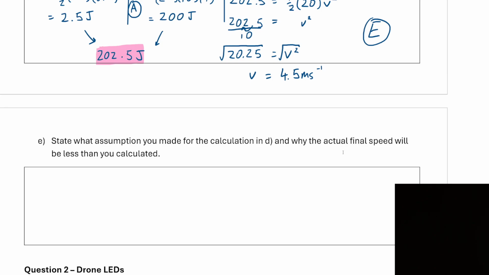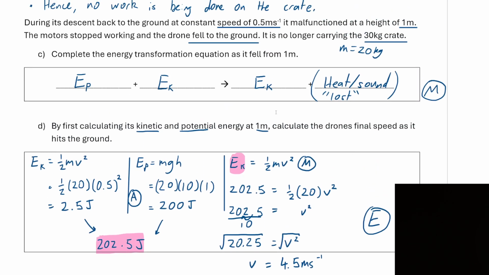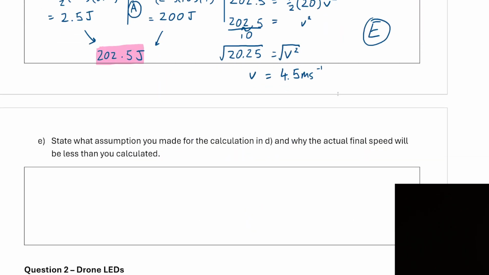Alright, and now let's go on to part E. State what assumption you made for the calculation, and why the actual final speed will be less than we predicted. So again, that's going on to this heat lost assumption. So we assumed there is no heat lost. That was our assumption. So let's state that.